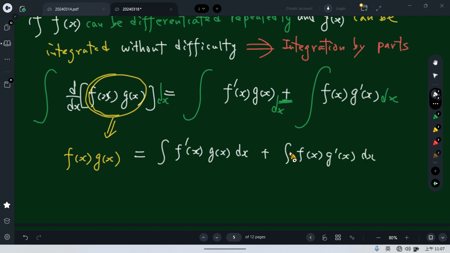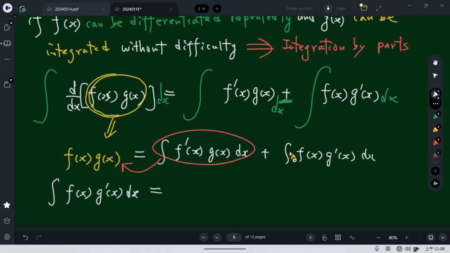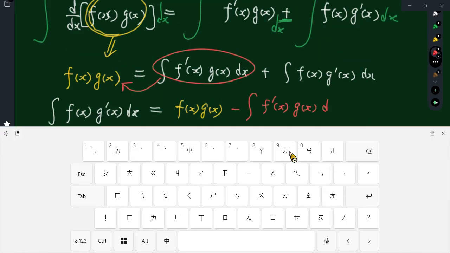So we can move this term to the right-hand side, and we get the integral of f of x times g prime of x dx is equal to f of x times g of x minus the integral of f prime x times g of x dx.